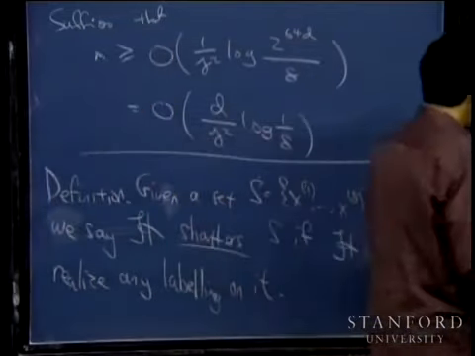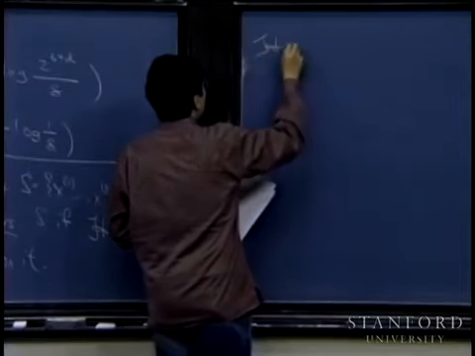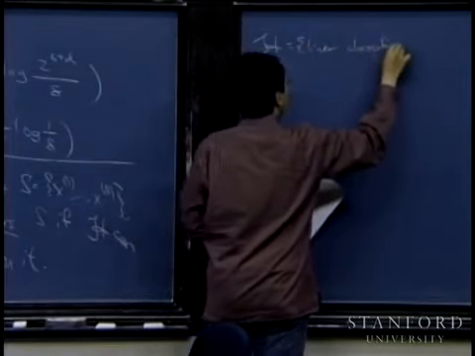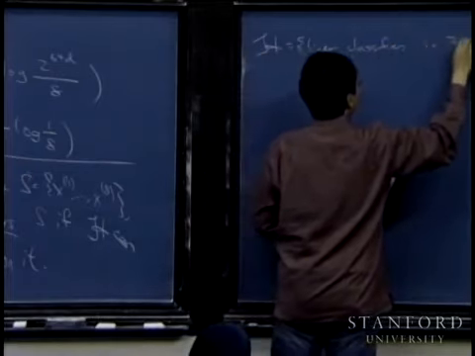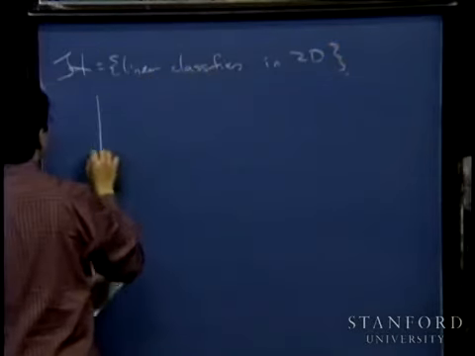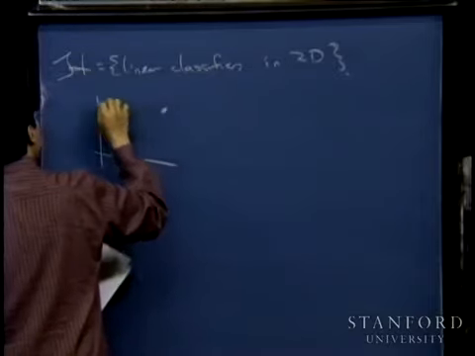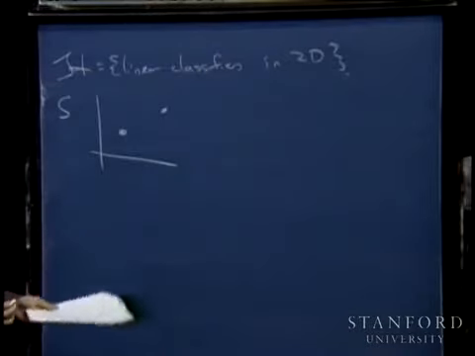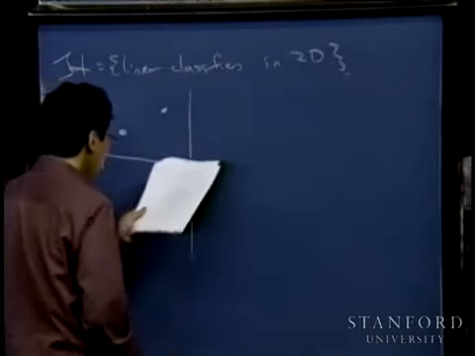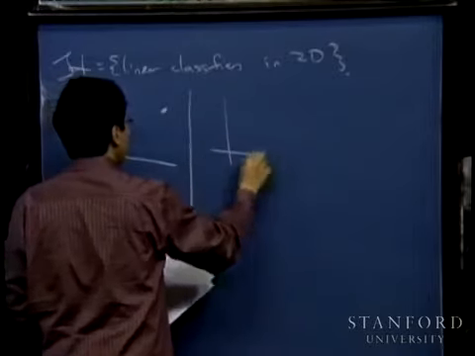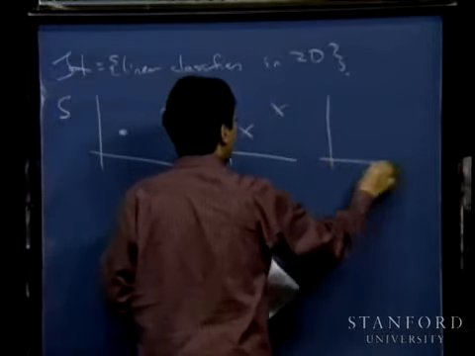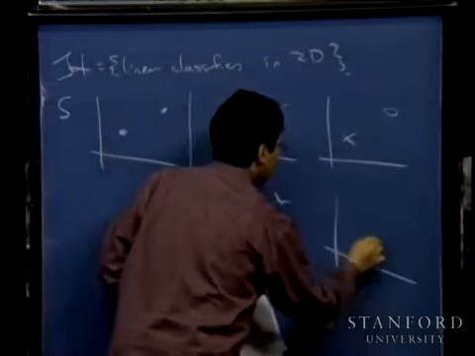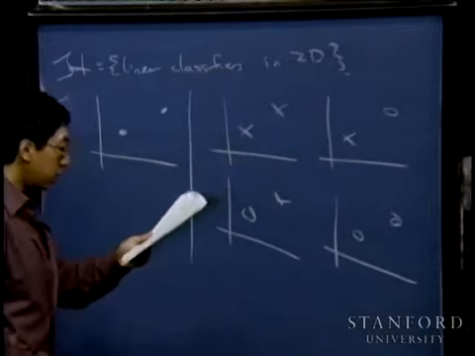So let me just illustrate that with an example. Let's say H is the class of all linear classifiers in 2D. And let's say S is this data set comprising 2 points. Okay? So there are 4 possible labelings I can choose for these 2 points. I can label both positive, one negative and one positive, or I can label both of them negative.